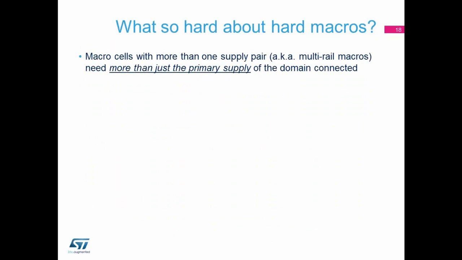So just a couple of slides here about the subject of hard macros. We're talking here in the context of low power about multi-rail macros, which are where you have a cell, something that's been hardened, and it has more than one supply pin. So you can imagine you've got a primary supply connection on the macro, but you've got some other supply that's needed to the macro, and so that will not be the primary supply.